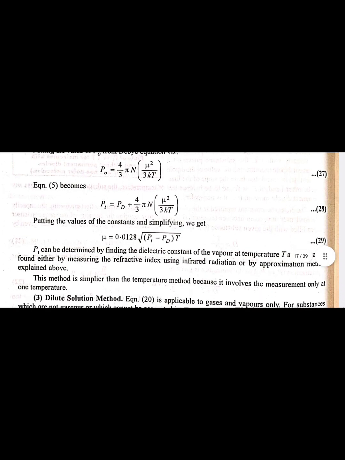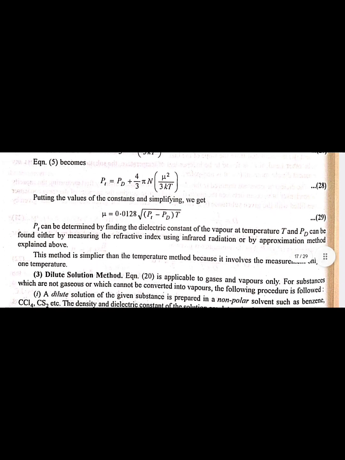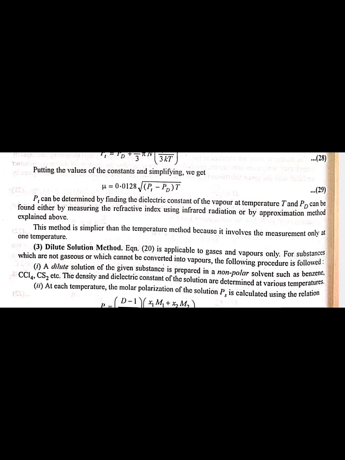Putting the value of Po, Po = (4/3)πN × μ²/3kT, equation 27, equation 26 becomes Pt = Pd + (4/3)πN × μ²/3kT, equation 28.